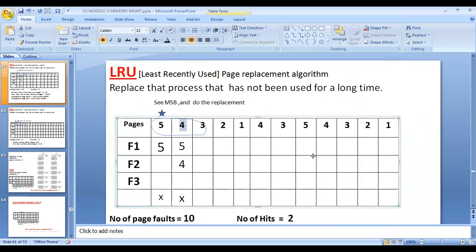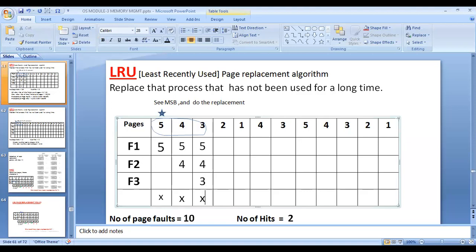Next is page number 3. Do we have this page number 3 in the main memory? No, sir. So I can store page number 3 in frame number 3, and I maintain frame 1 and frame 2 with the pages 5 and 4 as they are.